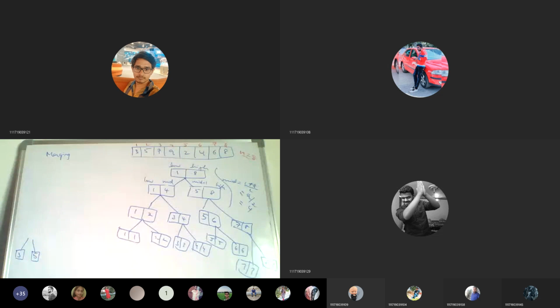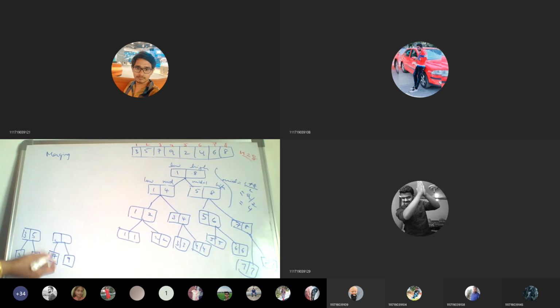When they are merged, what do we take? Whichever is smaller will occupy first, and then the second one. Similarly here, what is the third element we have? 7. And the fourth element? 9. Individually they are sorted, so these have to be merged.